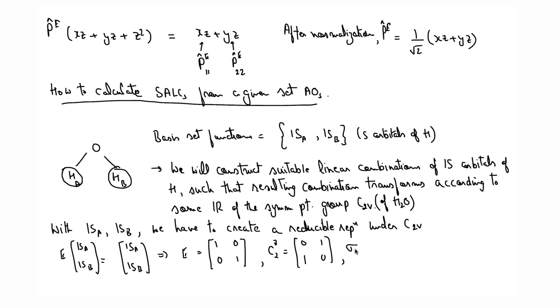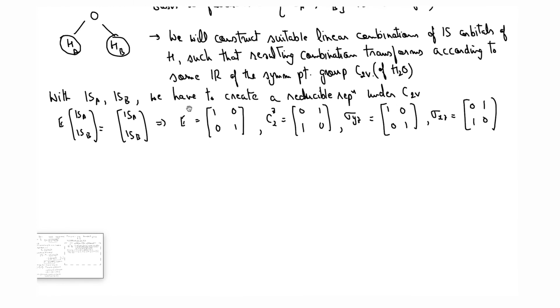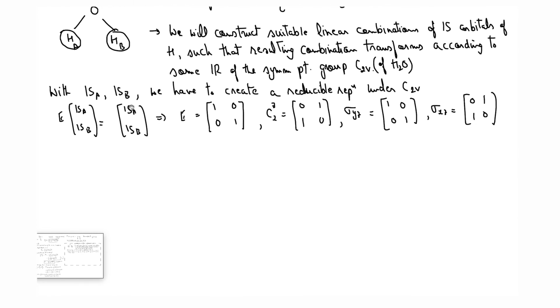Sigma, let's call it YZ, will be 1, 0, 0, 1. And sigma XZ, the matrix comes out to be 0, 1, 1, 0. All right. So once we have obtained the reducible representation using the basis set of functions, we have to reduce this to component IRs, right?